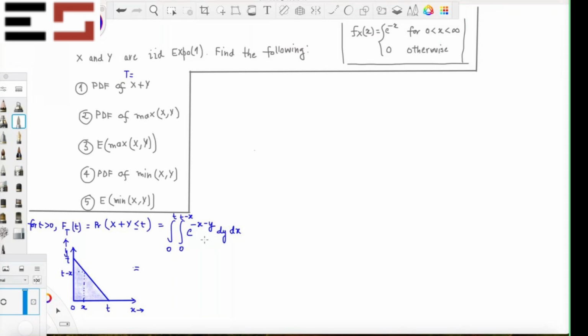It is minus e to the power minus y, right? So we are going to get what?